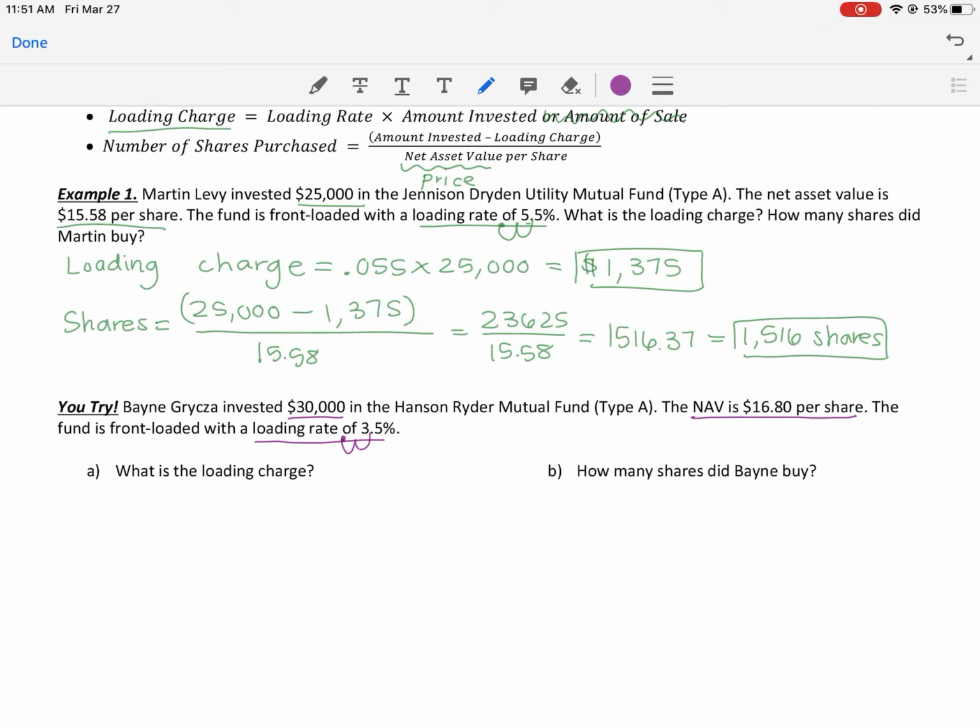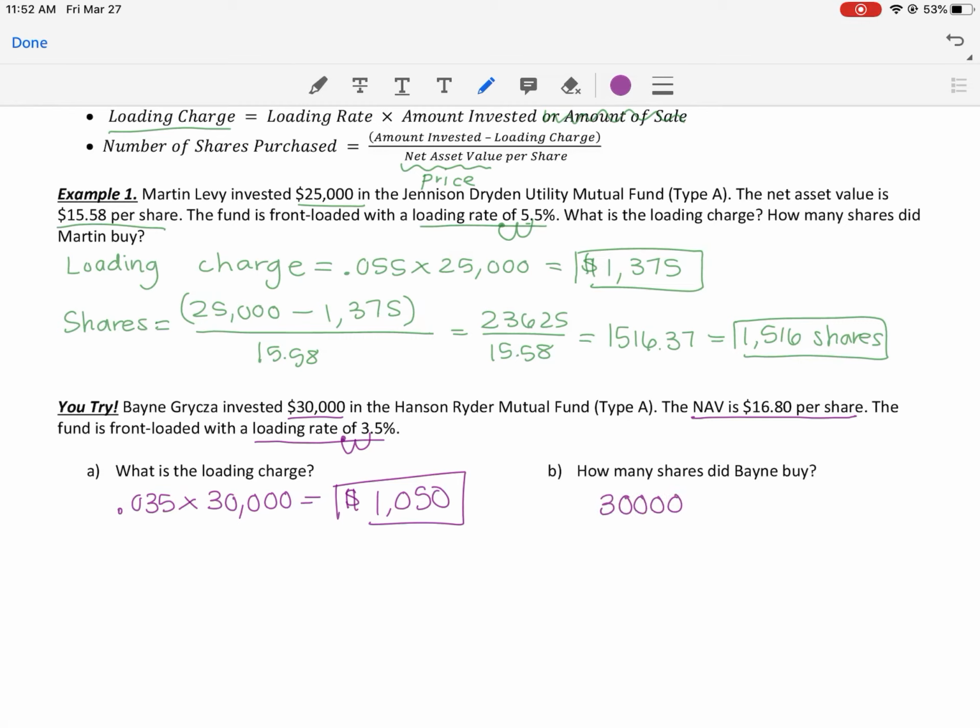So the loading charge is going to be our rate, 3.5% as a decimal is 0.035, times the amount invested, which is $30,000. When you multiply 0.035 times 30,000, you end up with $1,050.